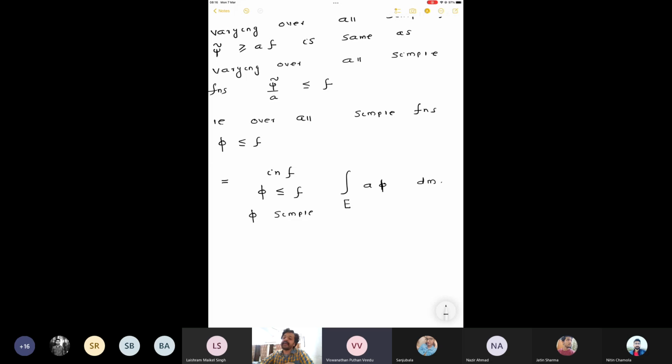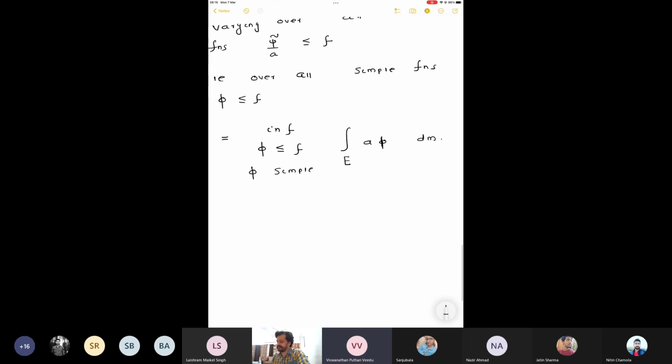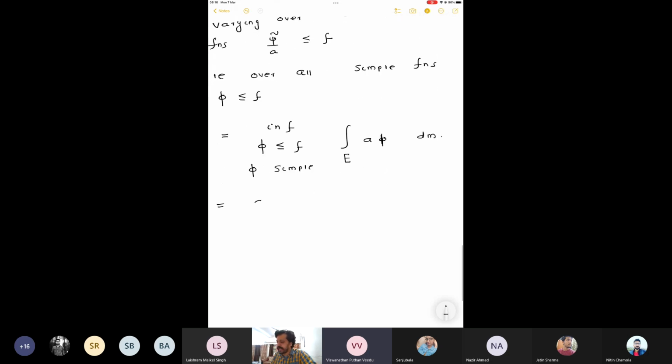Now, while pulling a out, the infimum will turn to a supremum because a is negative. That part we missed. So this is equal to a times the supremum over phi less than or equal to f, phi simple, of the integral over E of phi dm.